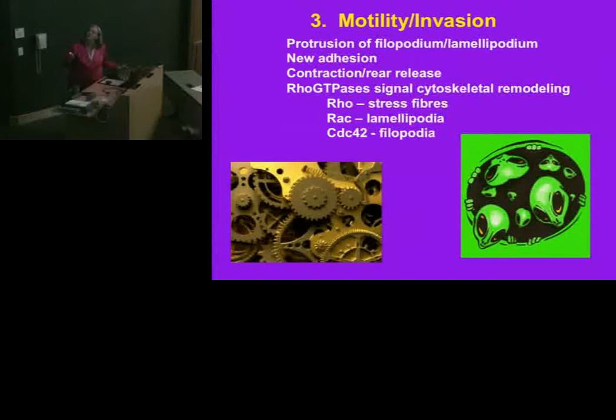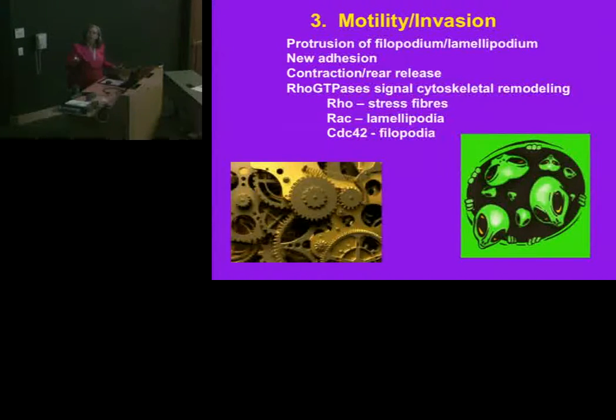But first, the cell has to protrude projections in the direction of motility. It requires new adhesive contacts that can require proteolysis. The cell has to let go at the back if it wants to move forward. There has to be contraction like a muscle on a much smaller scale. And there are lots of signaling factors that are involved in that.